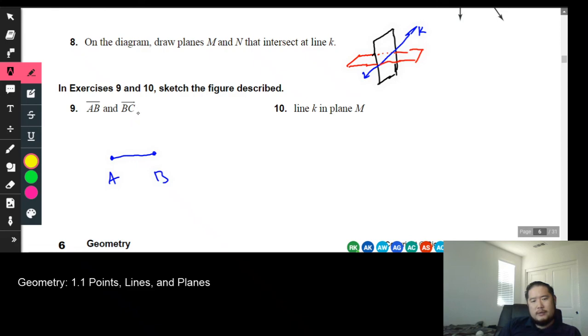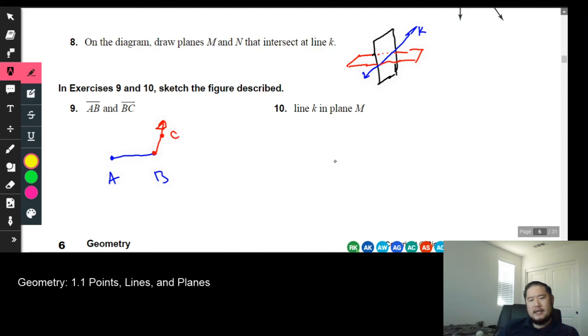And this right here is ray BC. So I would use B as my endpoint and then draw something up, something like this, and I'll include point C. So here's a segment, no arrowheads, and then my ray for BC, you'll see an arrowhead going towards C. Lastly, we have a line and a plane.